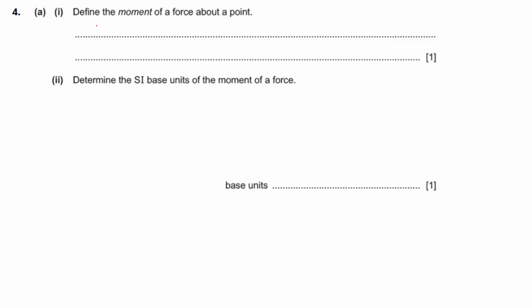So for the first one, it's going to be a definition question. It's mainly going to be just defining the formula for it. I think that's the best way to do this problem. In this case, moment is going to be the force times the distance.